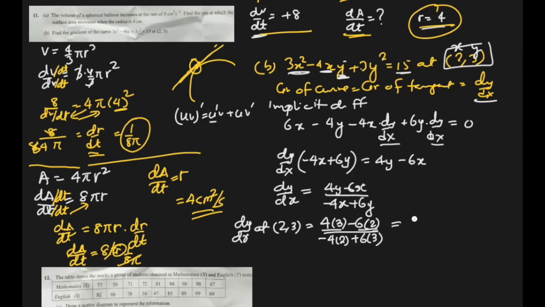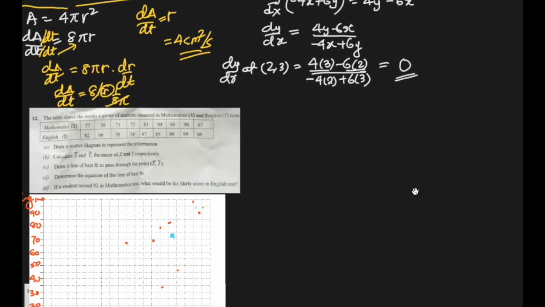Yeah, 0 is the answer. 0 divided by anything is 0. And the denominator is minus 8 plus 18, but it doesn't matter because the numerator is 0. It is 0. That means this is a turning point. Okay. Question number 12.